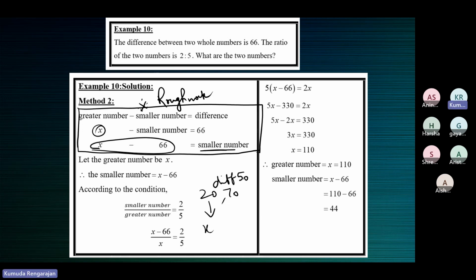So obviously the greater one will be the smaller one plus the difference. If you call the greater one as x, the smaller one will be x minus 50.